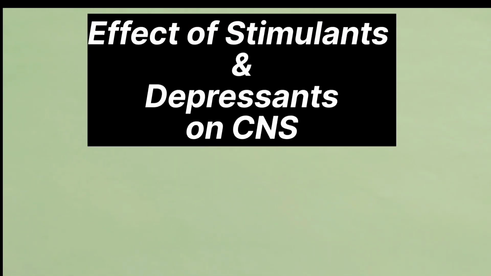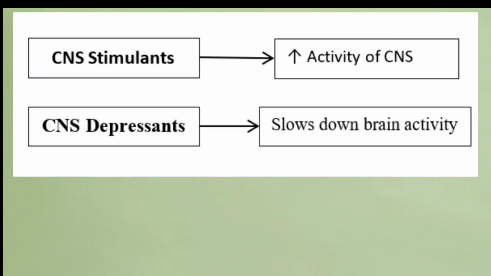The third example, CNS stimulants stimulate the nervous system and increase the activity of the central nervous system. Thereby, they restore the mood, behavior, cognition. For example, amphetamine, codeine and caffeine. On the other hand, CNS depressants such as diazepam, alprazolam, lorazepam slow down the brain activity and are used in the treatment of insomnia, muscle relaxation and other uses.